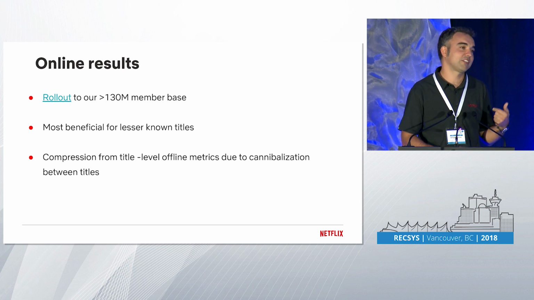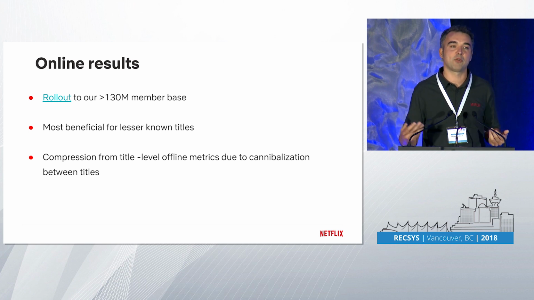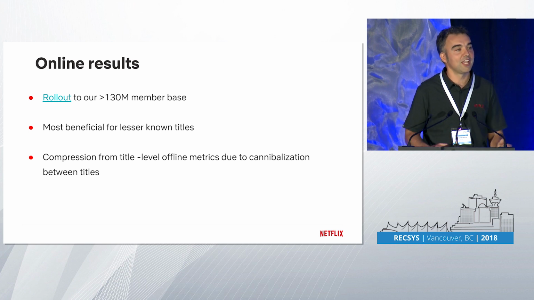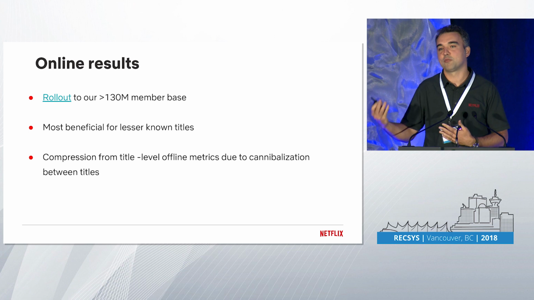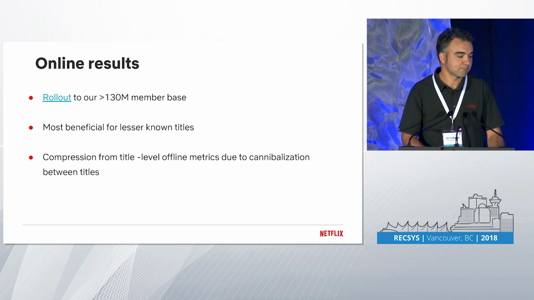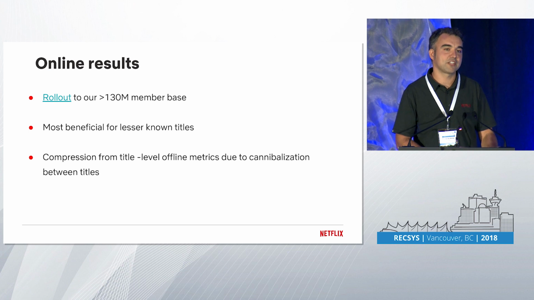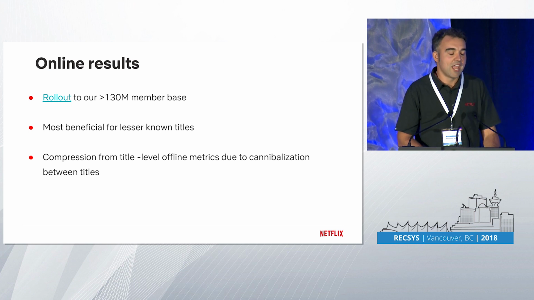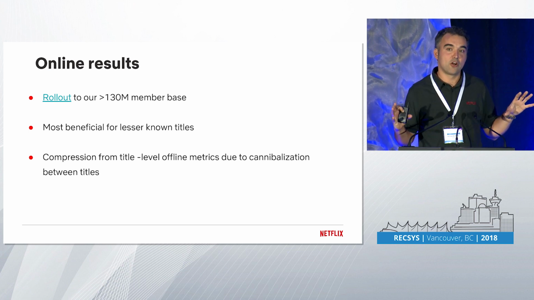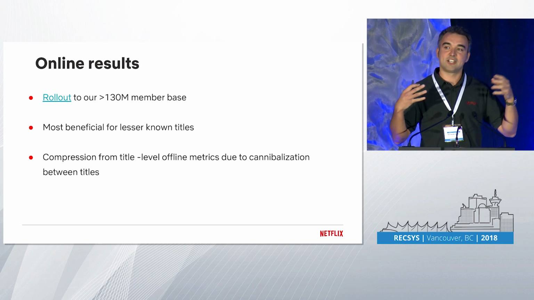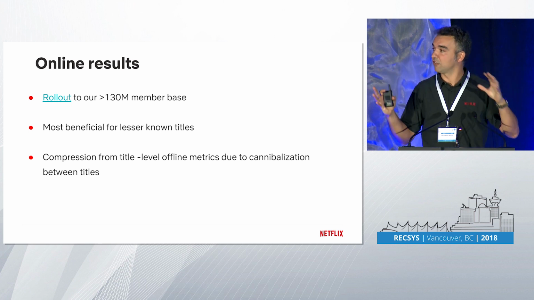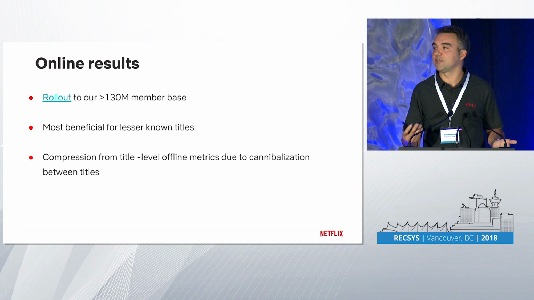Titles like The Godfather, for example, everybody's familiar, most people know it. They don't need the extra piece of evidence to make the decision. And the other thing is the metric I presented, the take fraction, is at the title level. Now all the images are going to compete with each other in the homepage, one next to another. So there's going to be some sort of cannibalization, and it's not being taken into account.